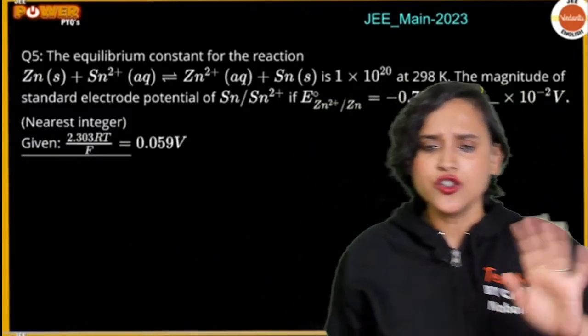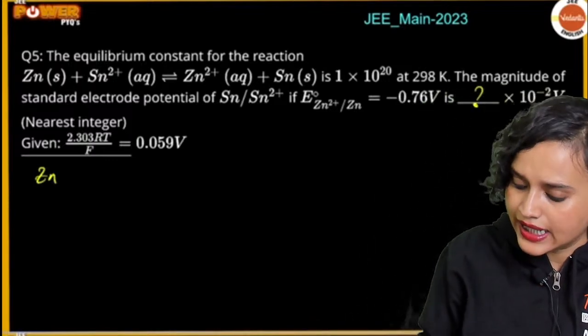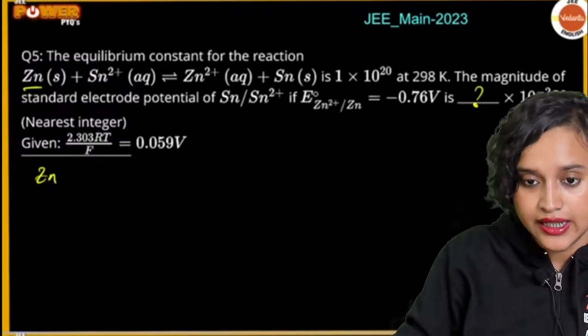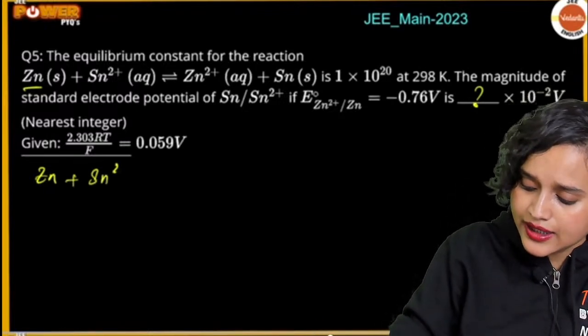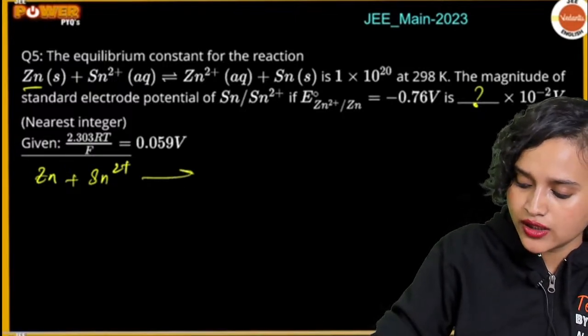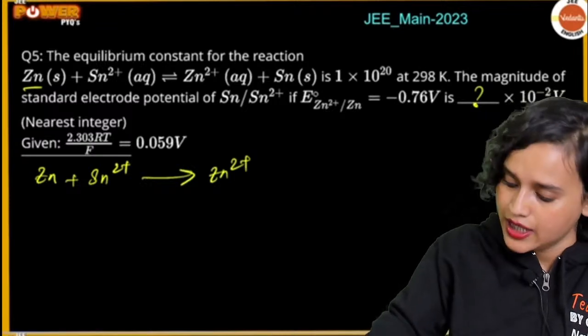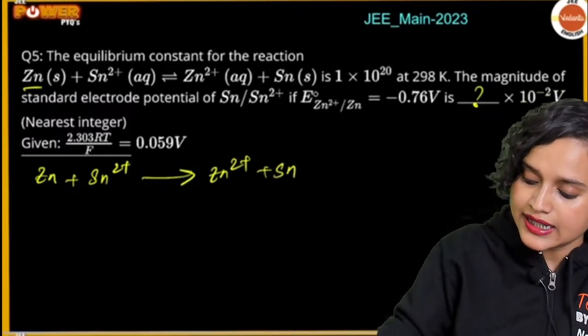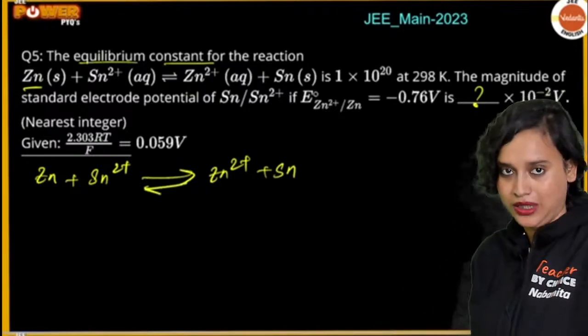Okay. So first of all, what is our reaction going to be? Our reaction is going to be Zn, as it is written here, plus Sn2+ forms Zn2+ plus Sn. And see, it is given here the equilibrium constant. That means that this reaction has to be in equilibrium, right?